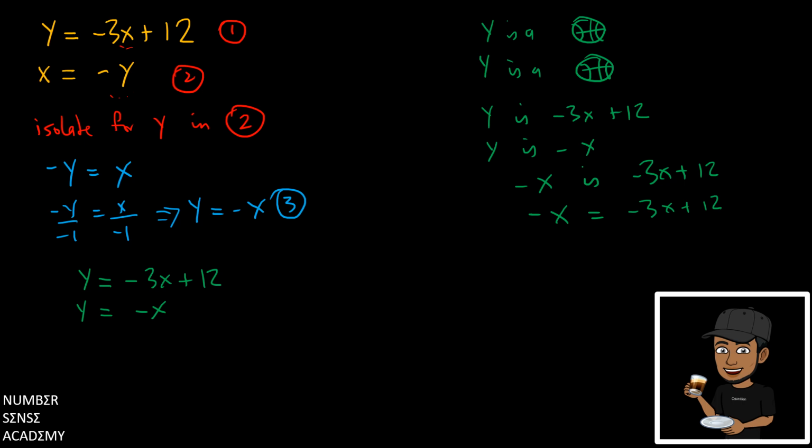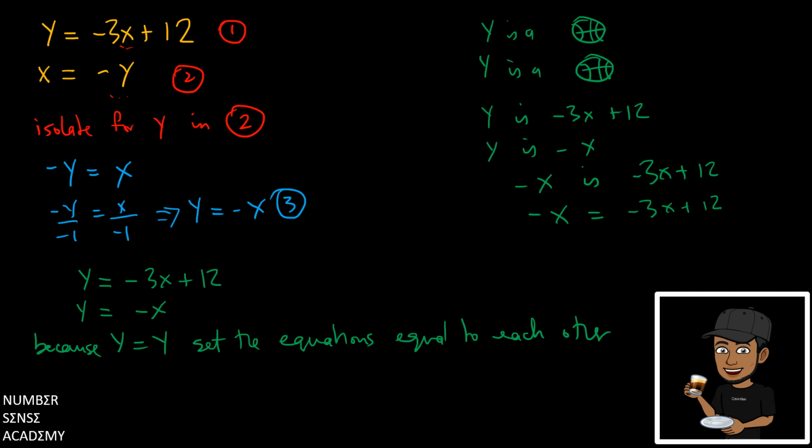So that means negative x is equal to negative 3x plus 12. We know that because y is equal to y, then I could just set these equations equal. Set the equations equal to each other. So what does that look like?